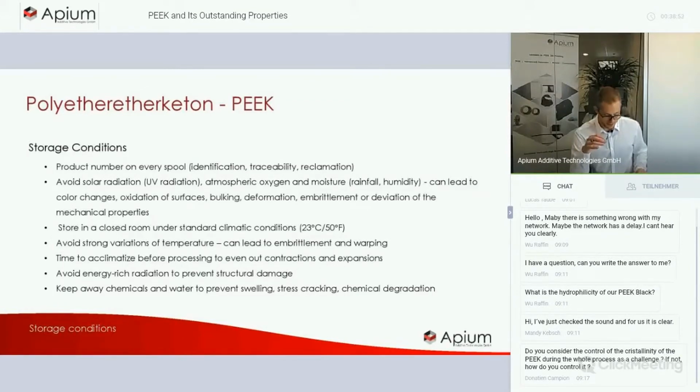So either you dry it before and then use it, but within a day it will absorb a lot of moisture, or you use some kind of device where you can keep the material at elevated temperatures so moisture won't attach, and you have a dry filament.